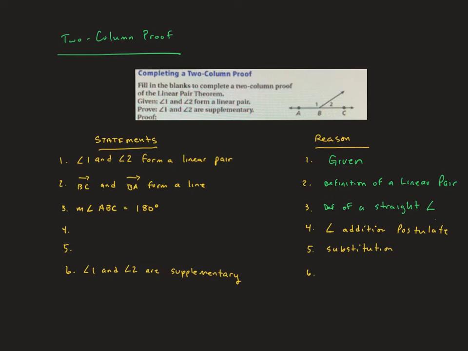Next, somehow I'm going to provide a reason that I use the angle addition postulate. Well, the angle addition postulate, what would that be? Goodness. Well, if I have angle ABC is equal to 180 degrees, then I know that angle 1 plus angle 2 is going to be equal to angle ABC.